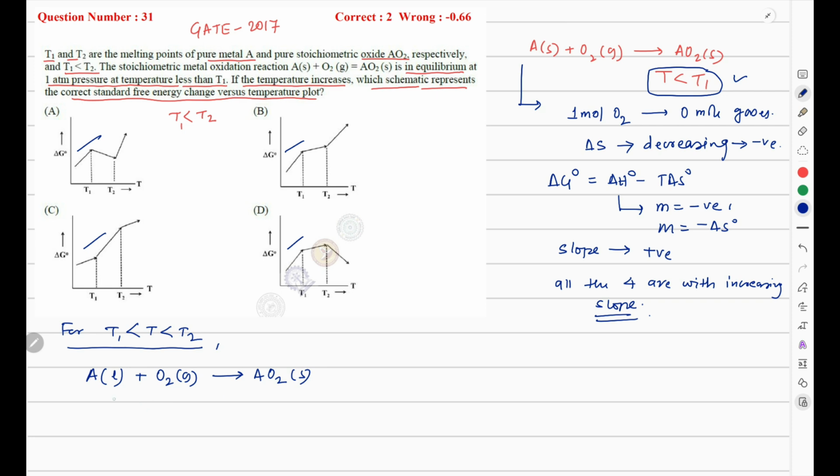Therefore, similar to the previous one, there is more entropy on the LHS and no entropy on the RHS. Similarly, the slope would be positive because overall the entropy is decreasing.